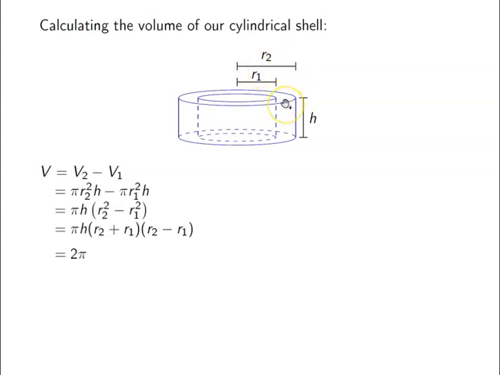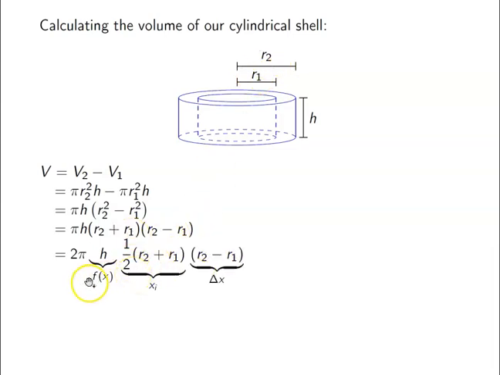It's right in the middle. So how do we find the average? You add those two values together and divide in half. So my integral is 2 pi, my function height, the mid value x sub i, times delta x, the width. That's how I find my volume.